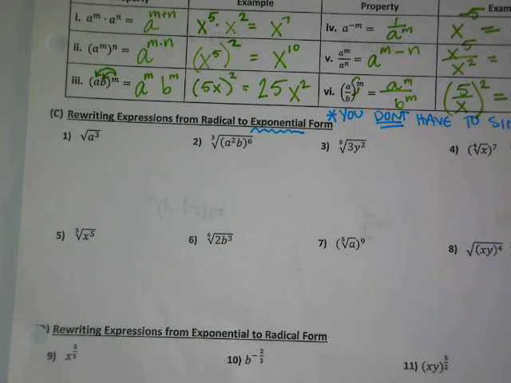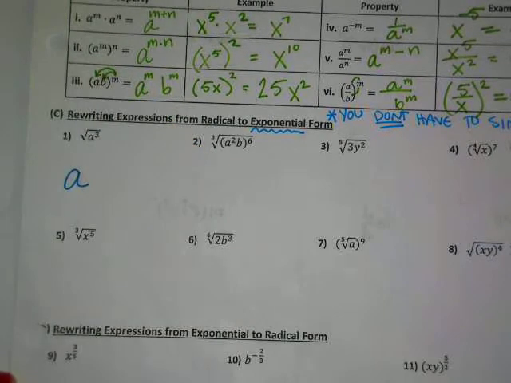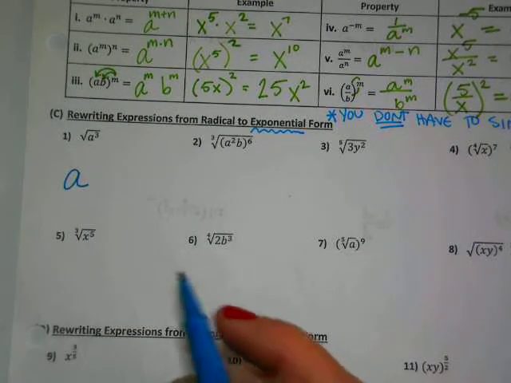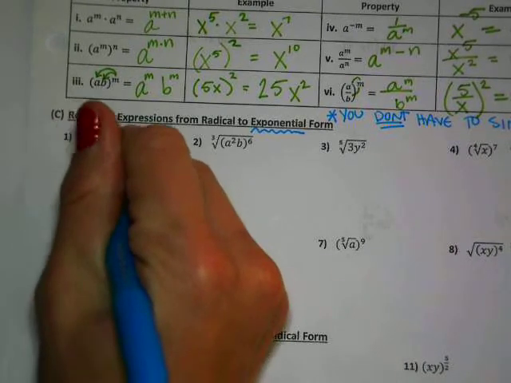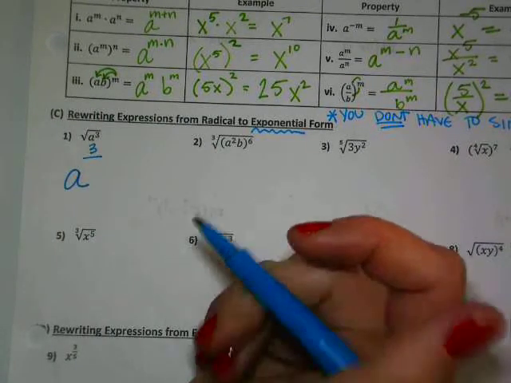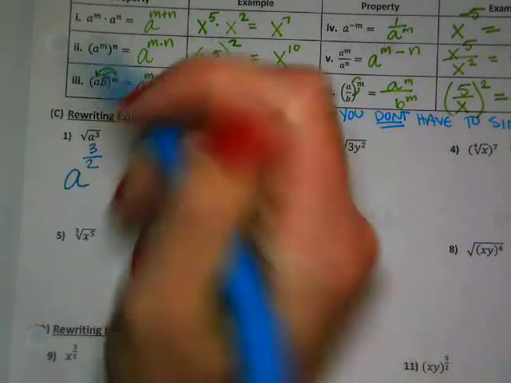On number 1, to rewrite it in exponential form, remember it's exponent over root. So on number 1, what is my exponent? A 3. And then what is the root? A 2, a square. And so you would write a and then 3 over 2.